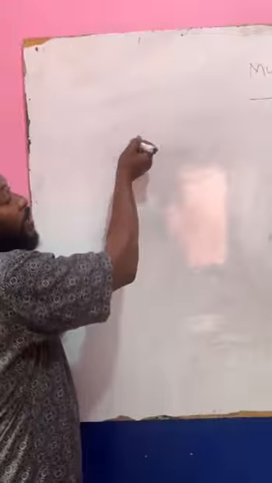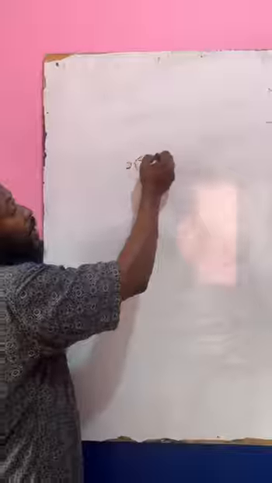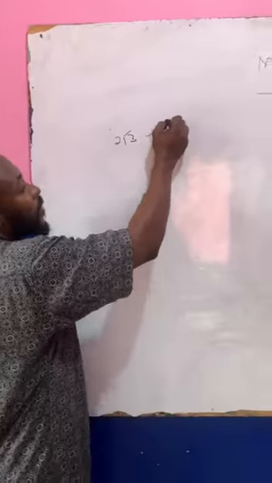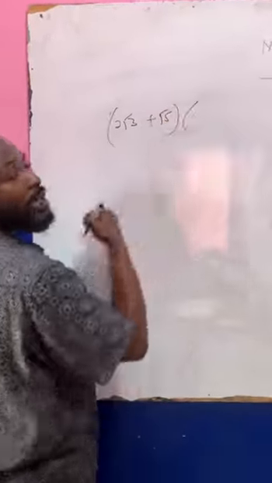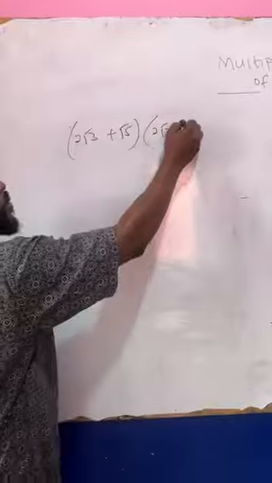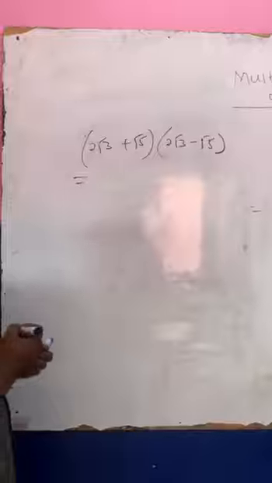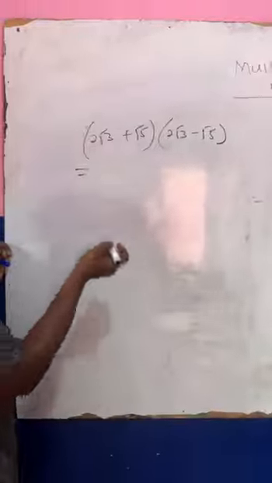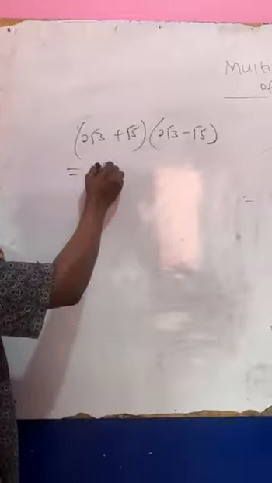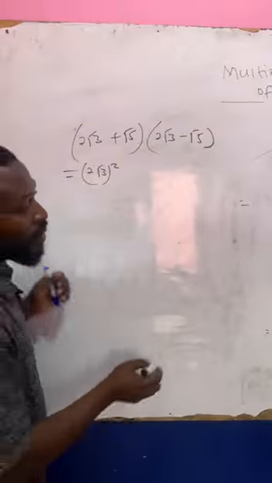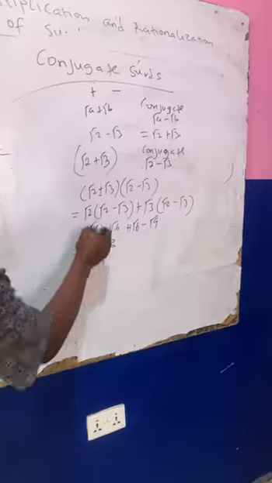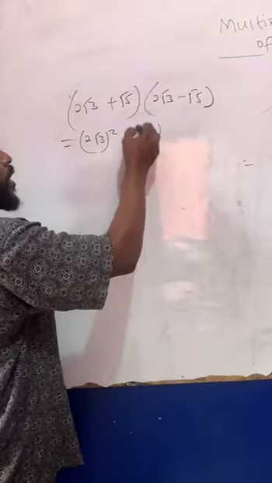Let's try another example. Multiply this surd by its conjugate. So I have 2 root 3 plus root 5. Now the conjugate is going to be what? 2 root 3 minus root 5. Now, because this is a difference of two squares, we can easily go 2 root 3 all squared, minus root 5 all squared.